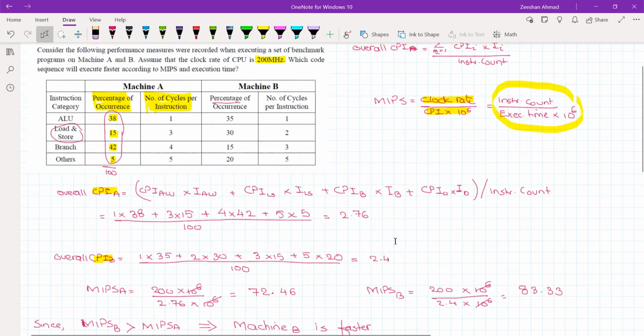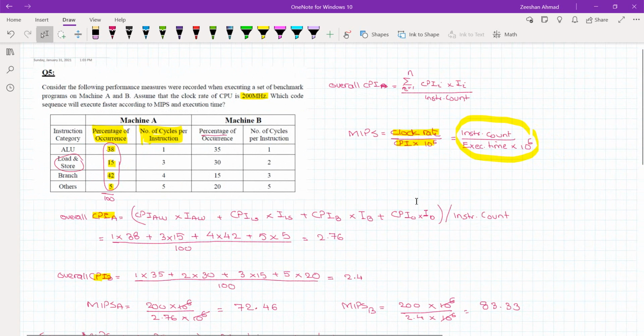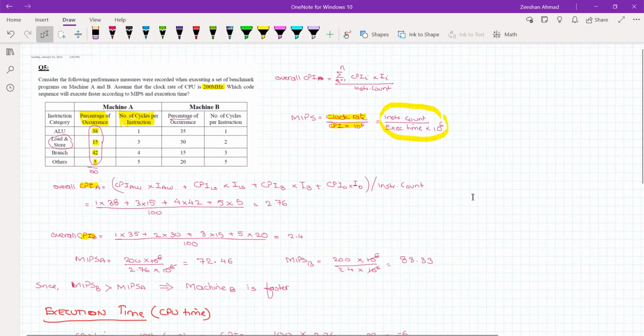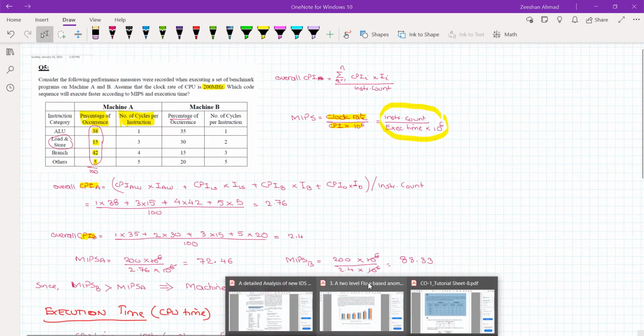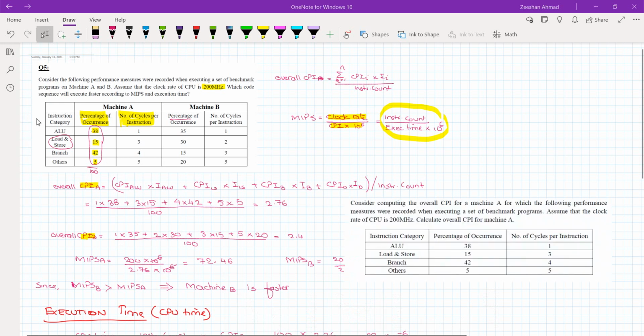So this is what I wanted to tell you today, but let me quickly give you some hints. In fact, question 4 we already solved. Let me write question 4 here for you. Just give me one minute. Okay, now this is question 4. What he wants here is the same question, but only for machine A. This information is given to you.